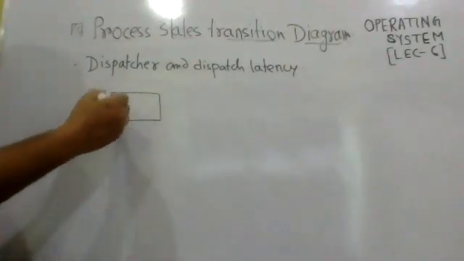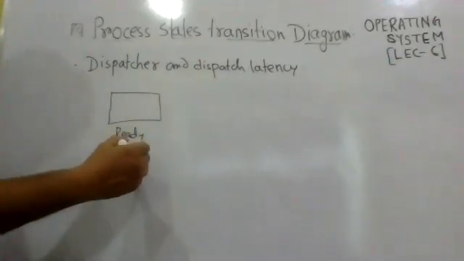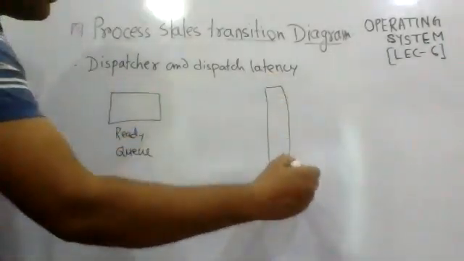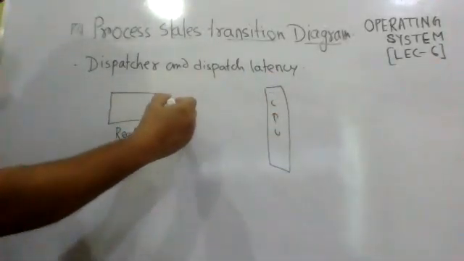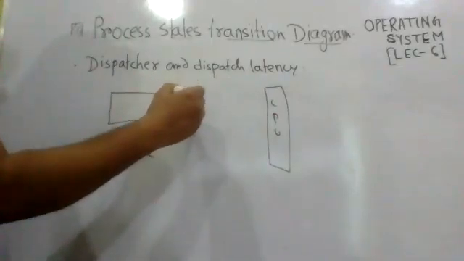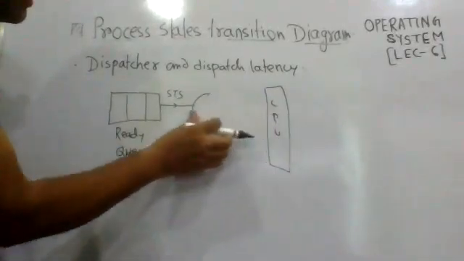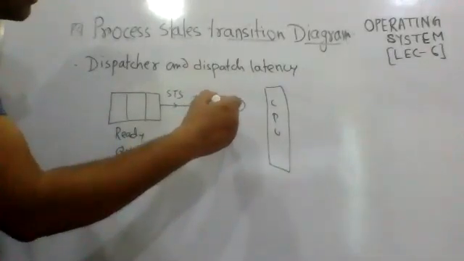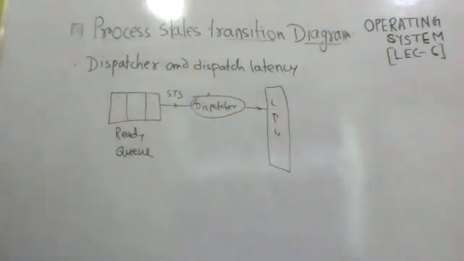Basically, suppose this is our ready queue, and this is the CPU, and here we have the short-term scheduler, and also a different module called the dispatcher.